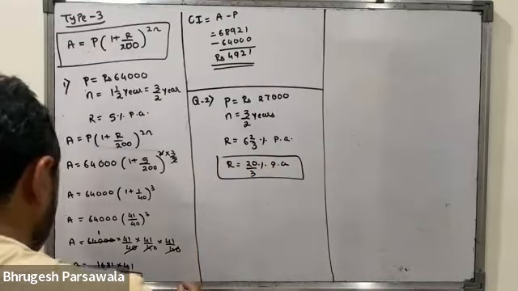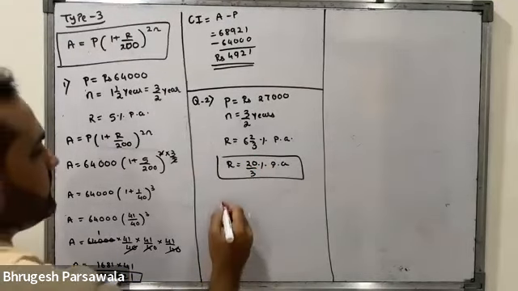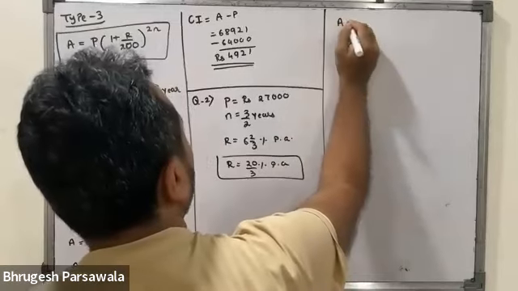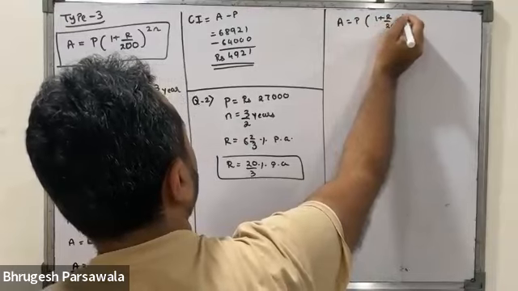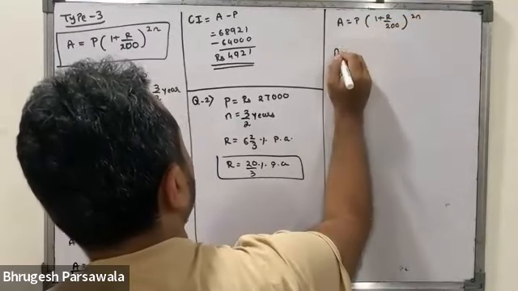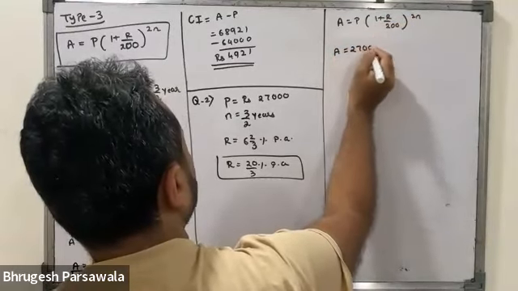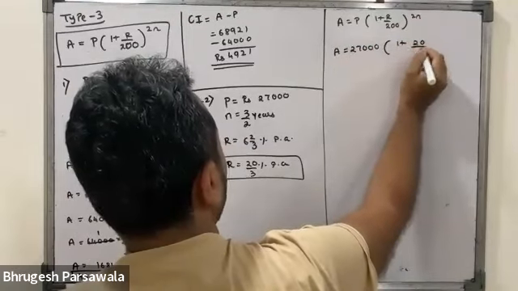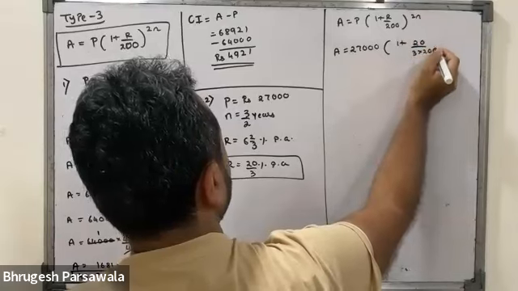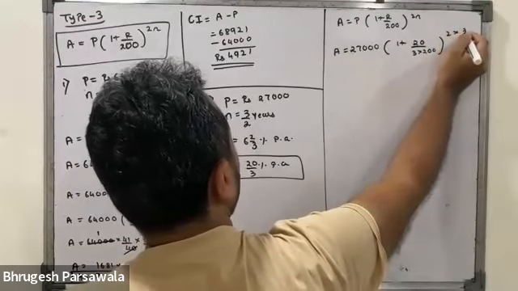Okay, guys? Chalo. We all know A equals to P (1 plus R upon 200) raised to 2n. So A equals to P (1 plus 20 upon 3) raised to 2n. N is 3/2.